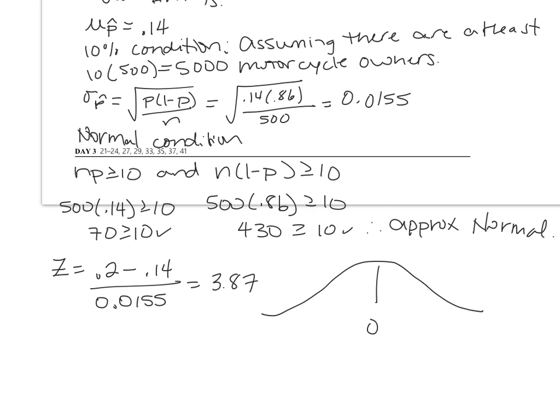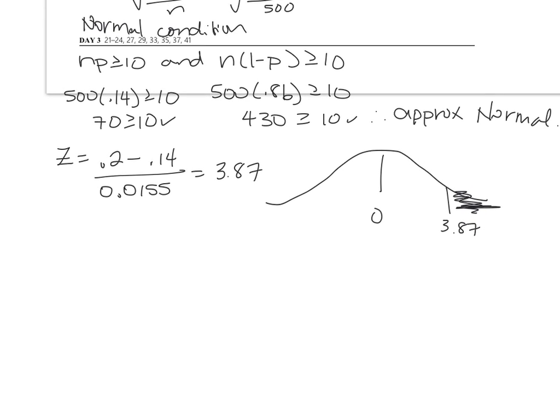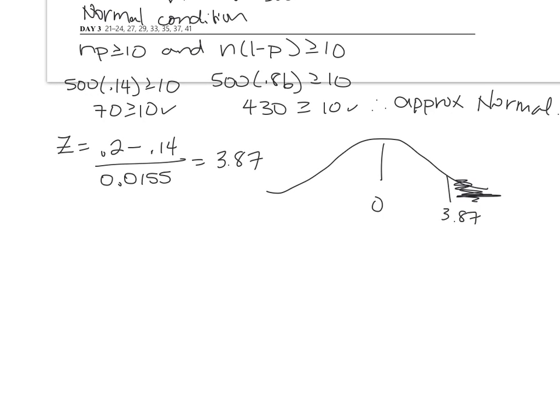Here's 0. 3.87 is clear out here. Shade that little tiny area in. And now we're going to find the area. So we're going to do normal CDF. Our lower bound is going to be 3.87. Our upper bound is going to be infinity. Our mean and standard deviation will be 0 and 1. So we find that the area is really, really small. It's basically 0.